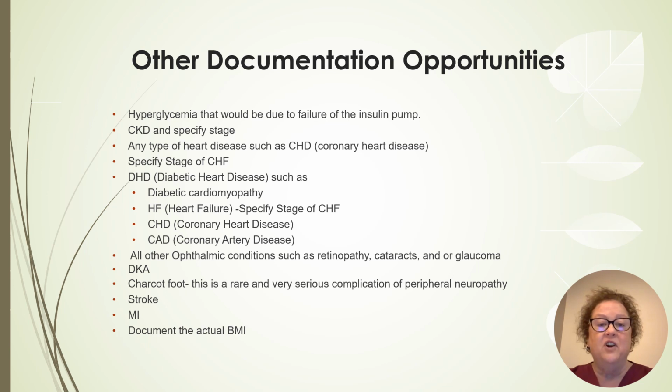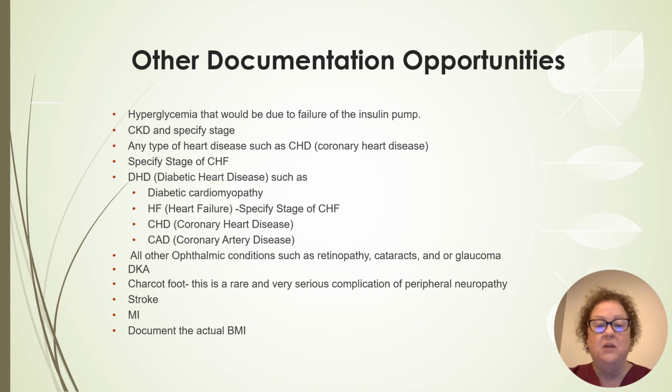Any type of heart disease, such as coronary heart disease, that is due to the diabetes needs to be documented. If they have CHF due to the diabetes, then that needs to be documented and the stage of the CHF. Diabetic heart disease, such as diabetic cardiomyopathy, heart failure, specify the stage, coronary heart disease, coronary artery disease.